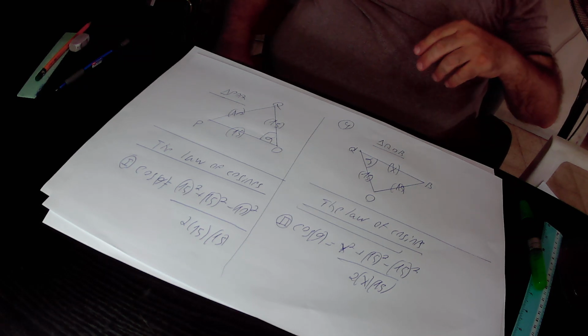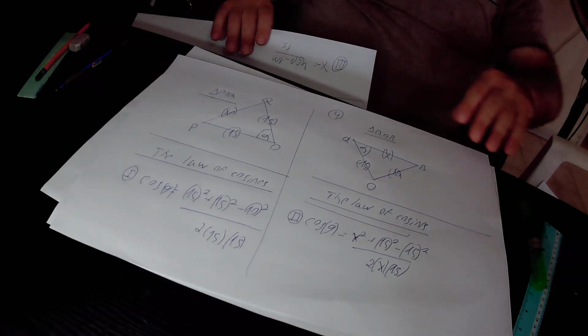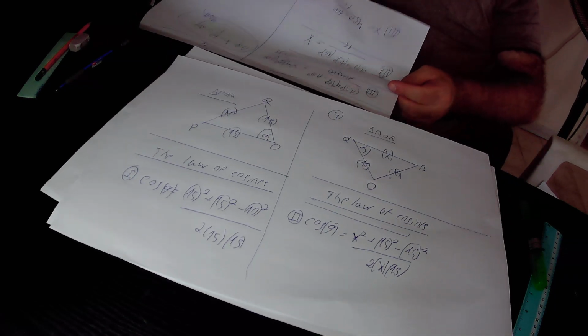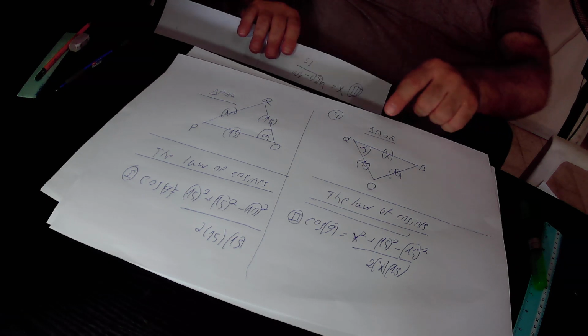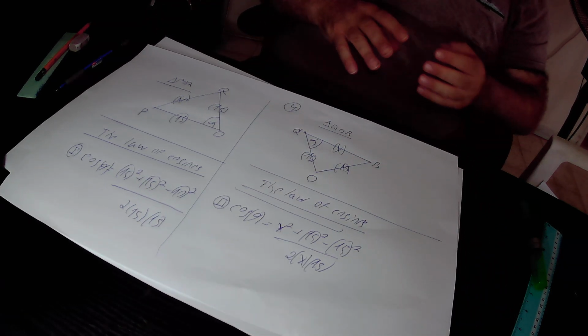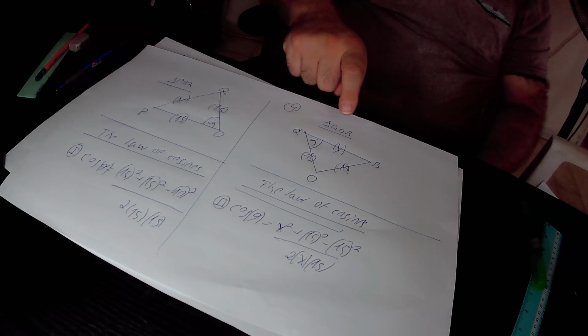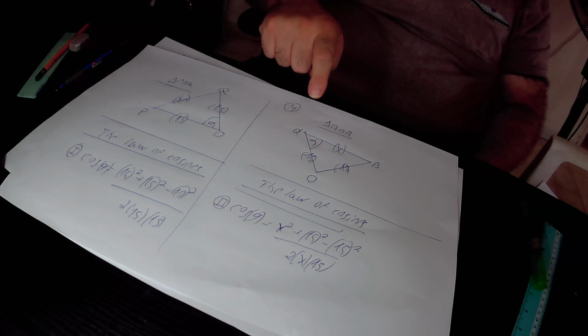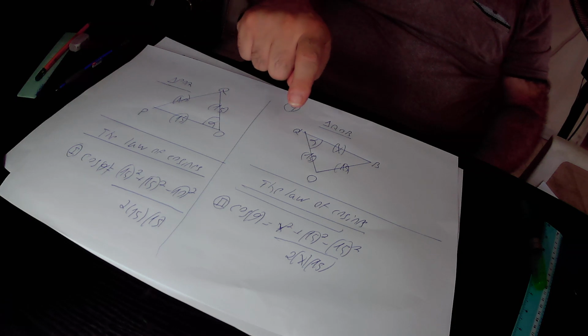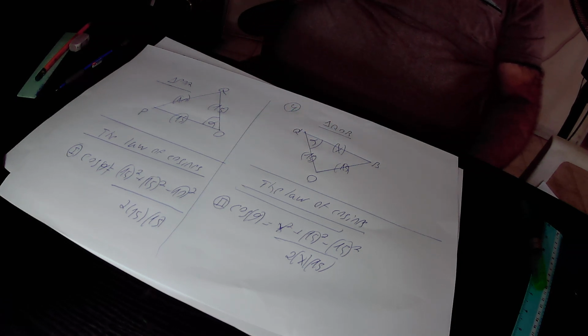In the next step, I copied the white triangle QOB here and implemented the law of cosines in this triangle. According to the law of cosines, cosine alpha equals x squared plus 15 squared minus 15 squared over 2 times x times 15.